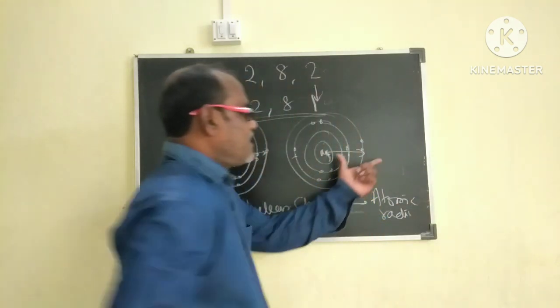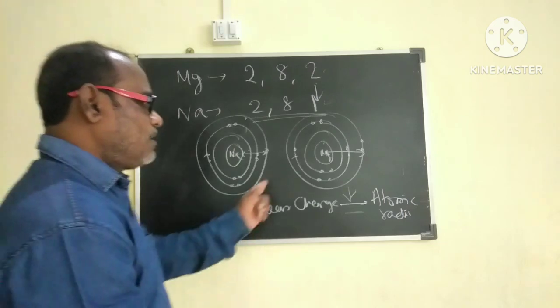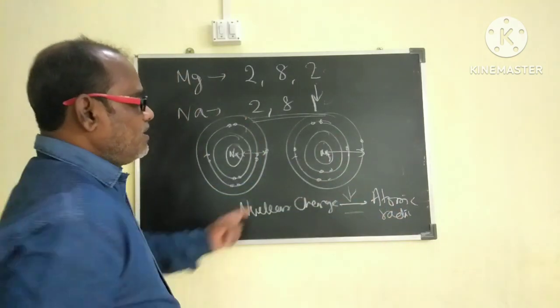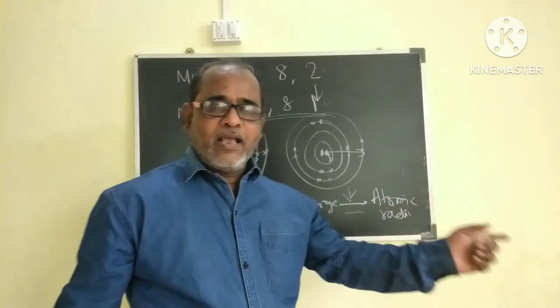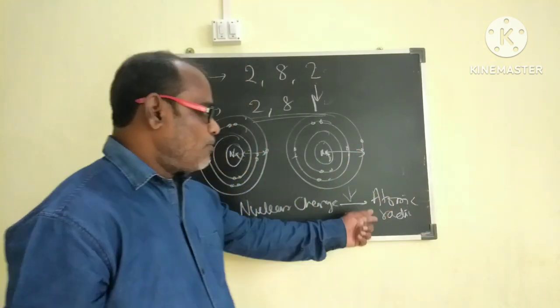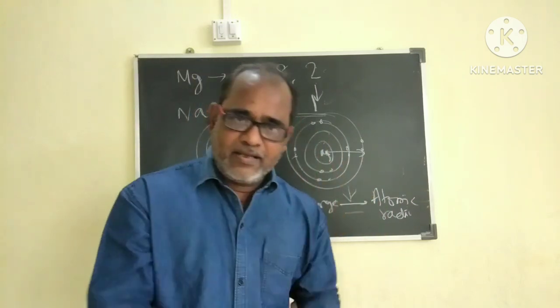That is, more force of attraction occurs from left to right. That means from left to right the nuclear charge increases, the number of shells remains the same and the atomic radii decreases.